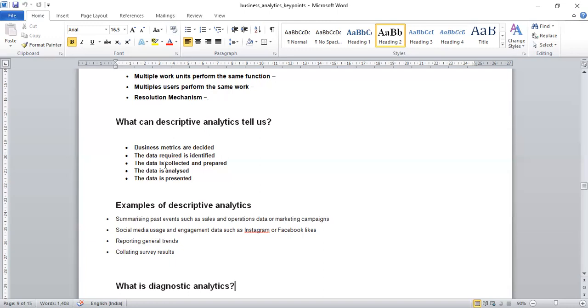Then the data required is identified in descriptive analytics. That is obviously your historical or past data of what has happened in the current organization or in the current state. This data is collected and prepared. Preparation of data is very important.